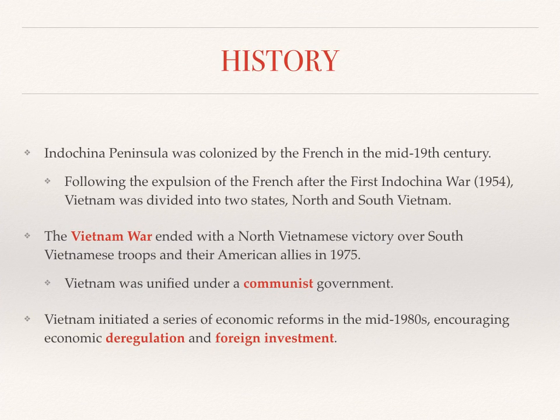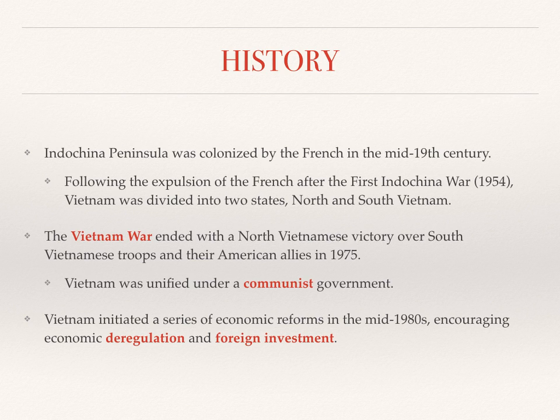History. The Indochina Peninsula, it was colonized by the French in the mid-1800s. Eventually, the Vietnamese managed to get rid of the French after the First Indochina War in 1954. But the country, unfortunately, was divided into two states, North and South Vietnam.